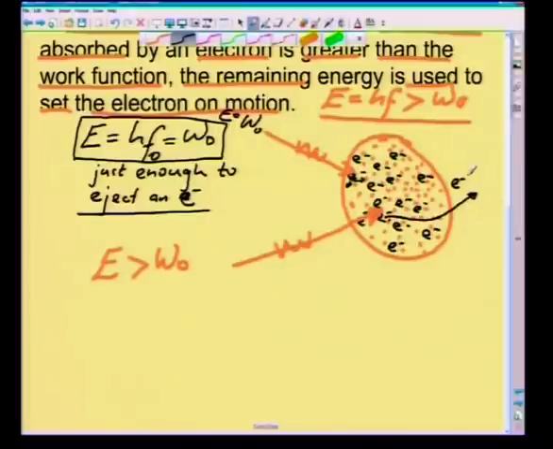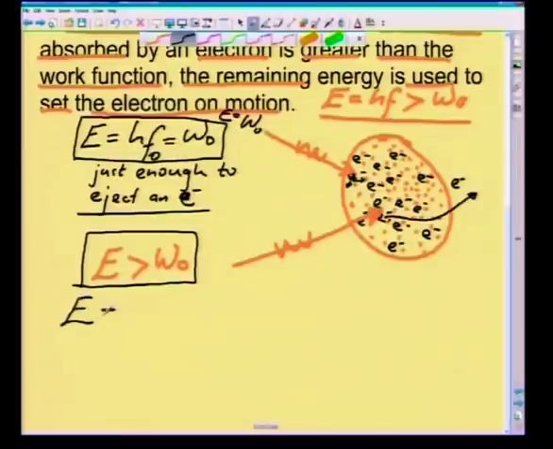Now, let's have a look at it. When the energy of the photon is greater than the work function, this energy that is coming in, we know that this is given by hf. It provides enough energy to dislodge, to eject an electron.